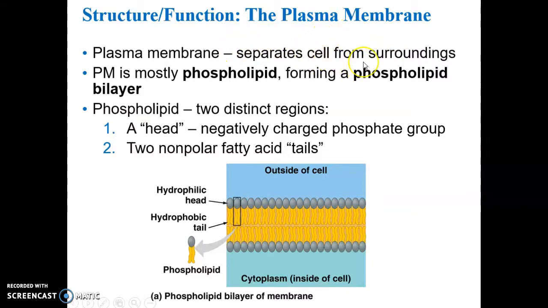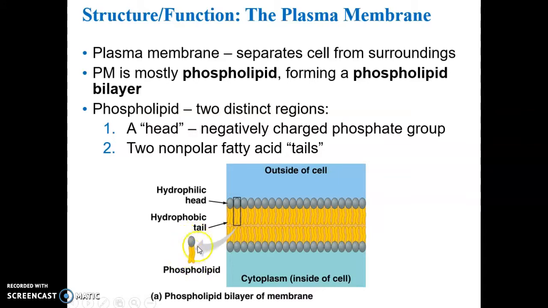It separates the cell from its surroundings, and the plasma membrane, PM here, is mostly comprised of phospholipid, which is a lipid fat type molecule that has what's called a phosphate group, hence the name phospholipid. The phospholipid here kind of looks like a matchstick in a way with this gray end and the yellow little things that look like, I don't know, French fries.